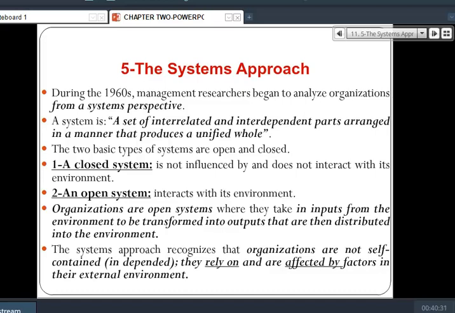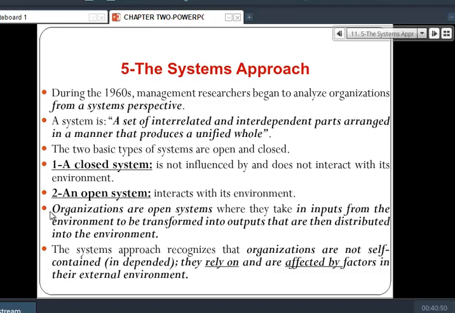Organizations are open systems, mainly organizations seeking profit.